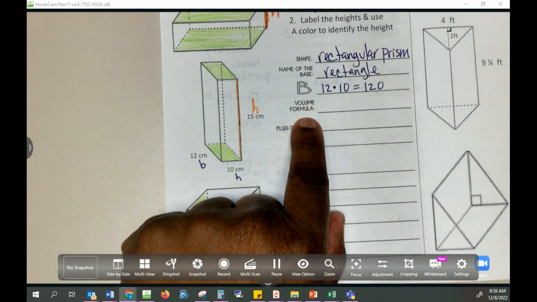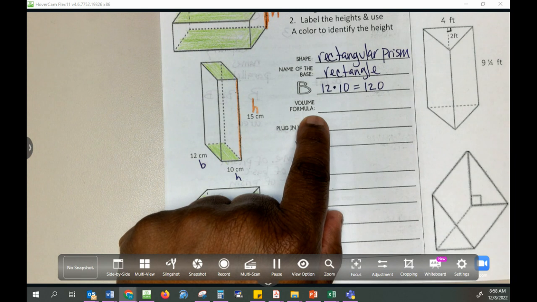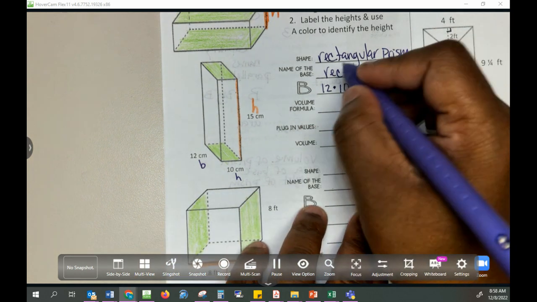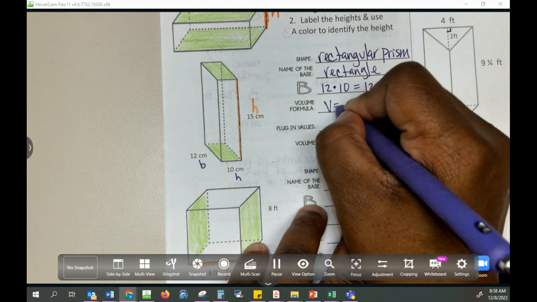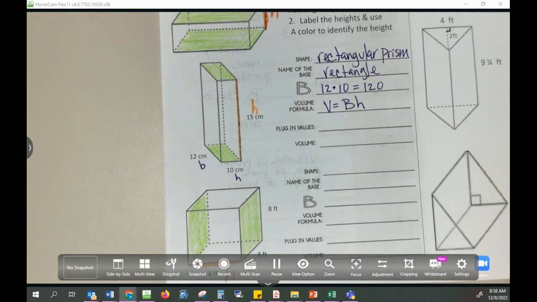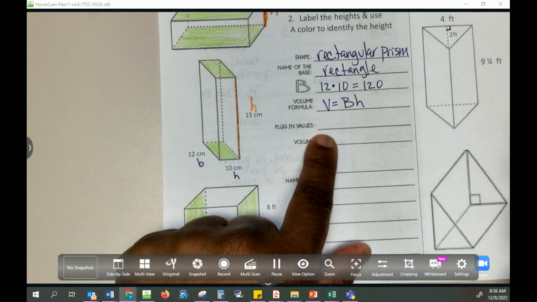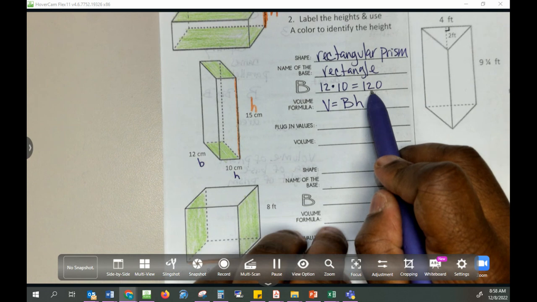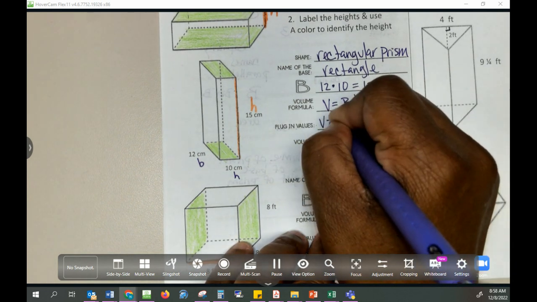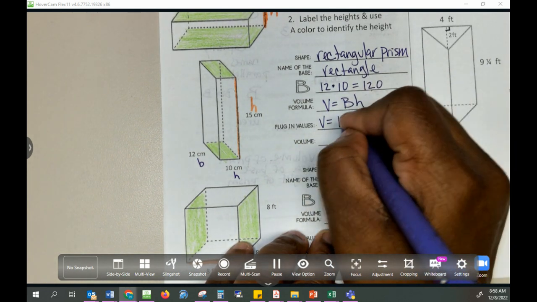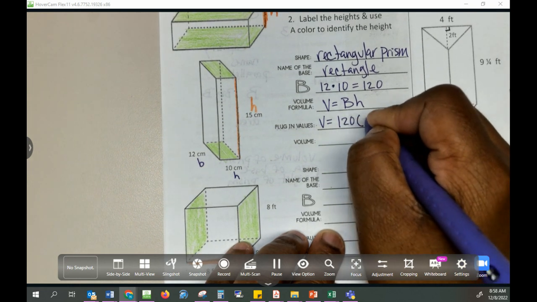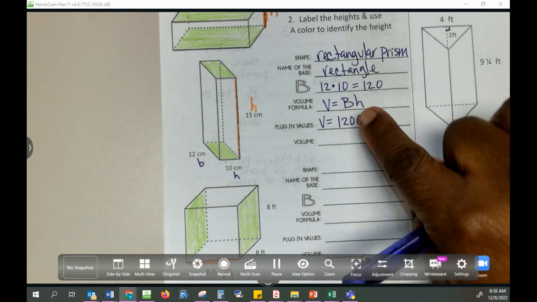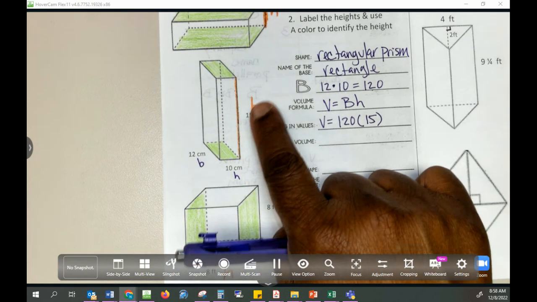So my volume formula is always big B times height. When I plug in my values, I already know what my big B is. So I'm going to say my volume is 120 times 15 because that's the height of the prism.